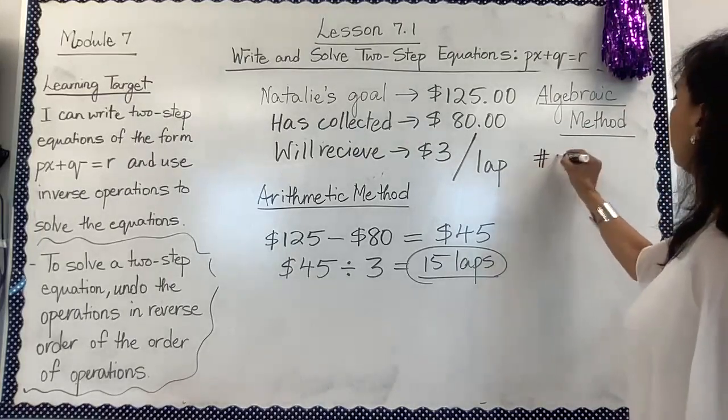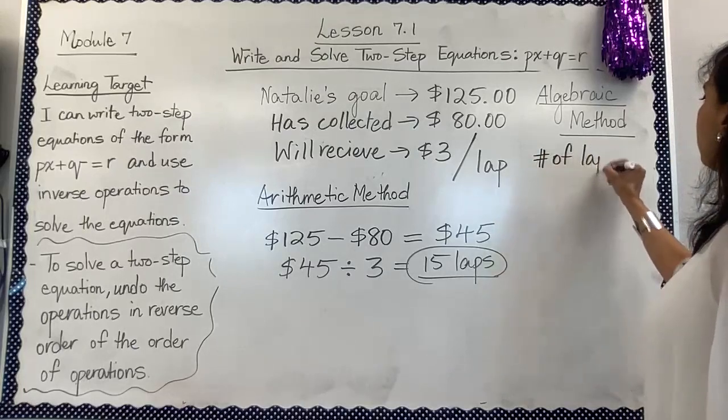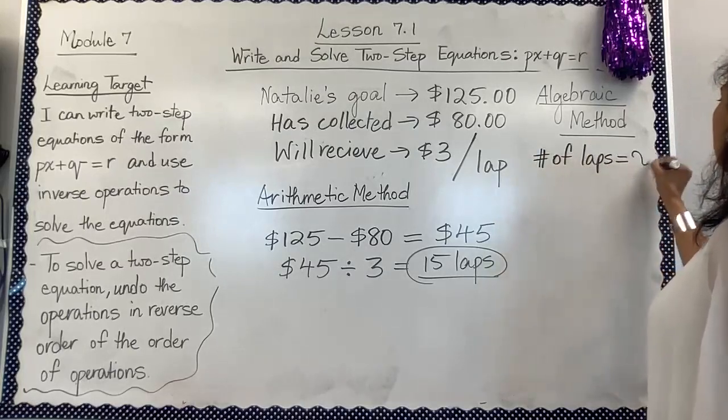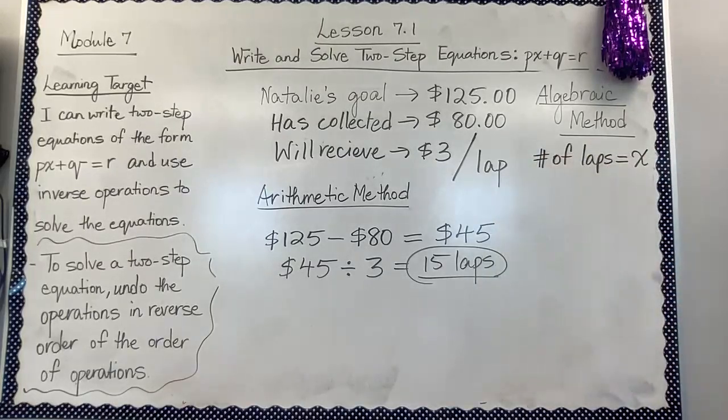Okay, so number of laps is equal to X. And so we are going to let X represent the number of laps Natalie needs to jog around the track to reach her goal. So we are going to write and solve an equation.